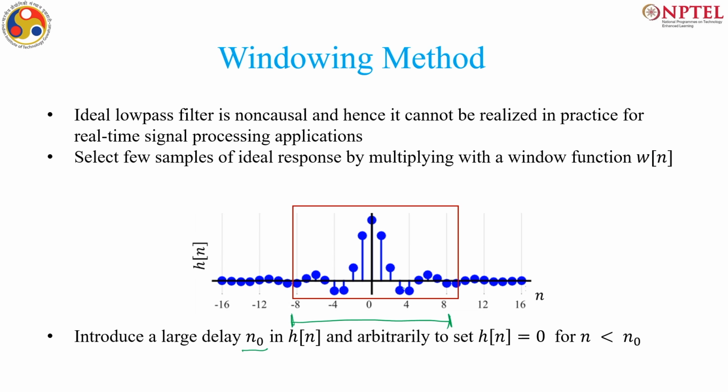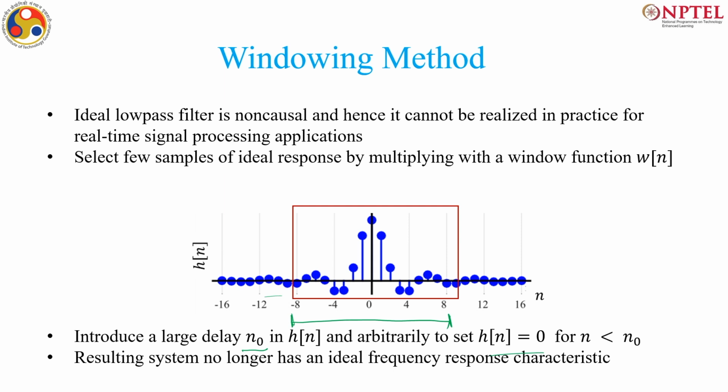After shifting, everything beyond this window is set to 0. Since I am selecting this, I am multiplying these regions by 1 and the rest by zeros. So, I am multiplying it with a rectangular window, which has a value of 1 in this region and the rest are zeros.